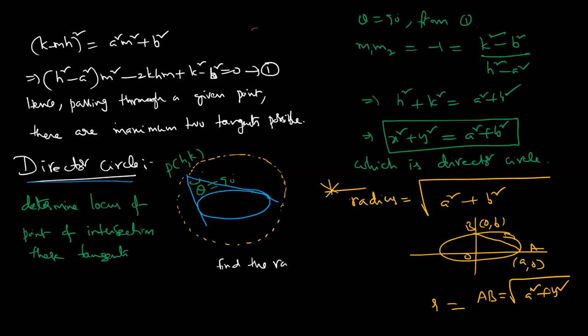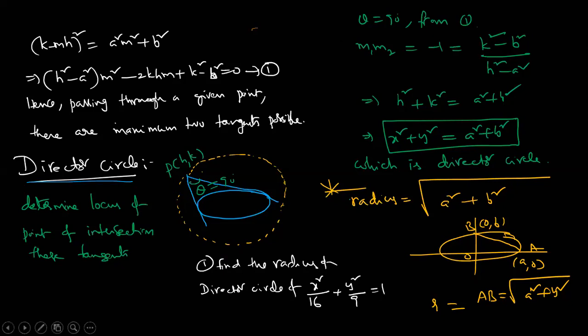Find the radius of the director circle of x square by 16 plus y square by 9 is equal to 1. What is the answer? They're responding very well here. Beautiful.